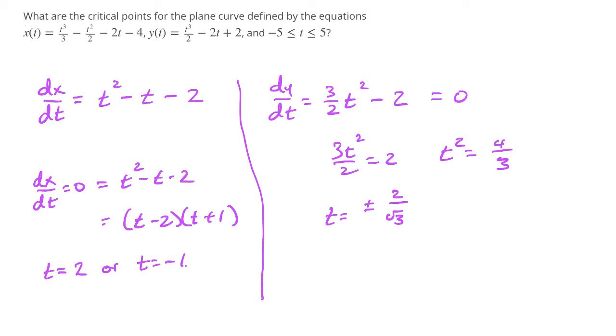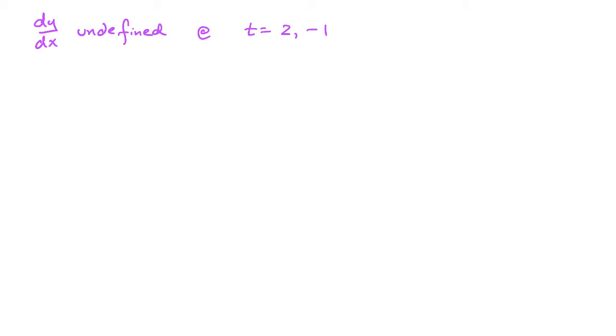So we know that our derivatives are going to be undefined whenever t was equal to 2 and -1. If we zoom in at particular points on the curve, we can see that this really does hold true.